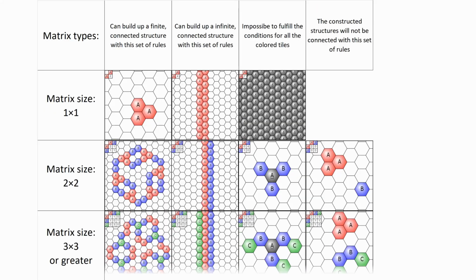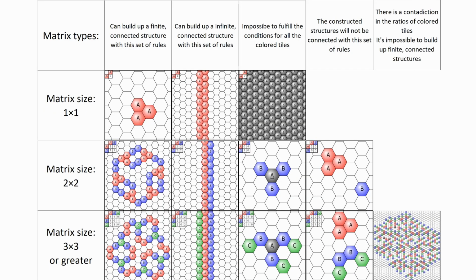We can extend our table with coloring matrix types with the type of exponential coloring.